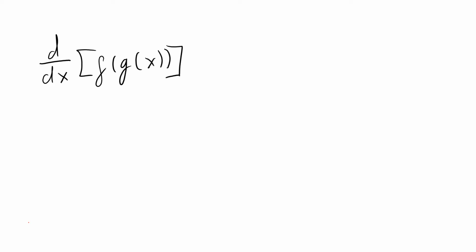So the chain rule says d over dx of f of g of x is equal to f prime, or derivative, of g of x, multiplied by g prime of x.